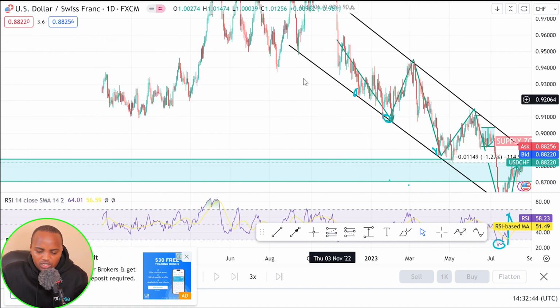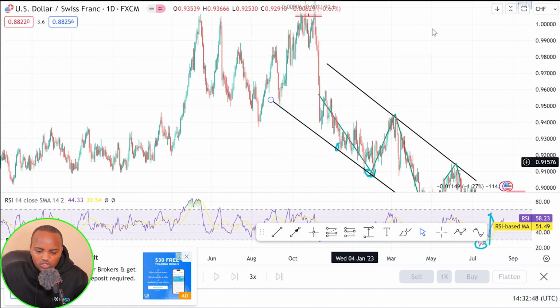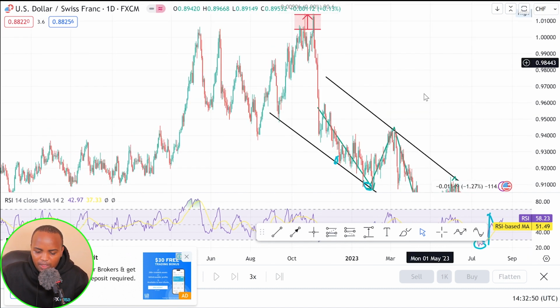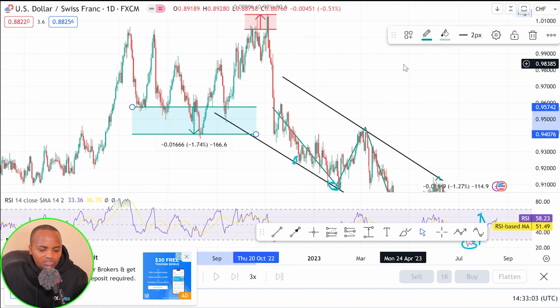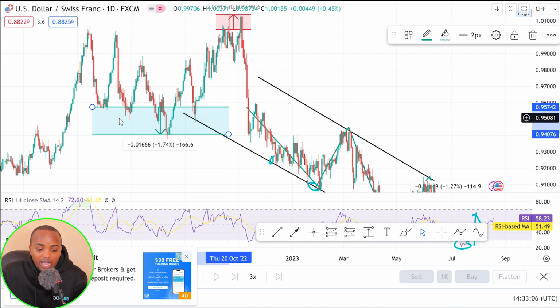So the other zones that you can see, there are those small zones over here that can be created like the ones I've just shown you, and there's something else like this. So you can see this is a very good demand zone that was created over here. Any time the market was touching around this area, the market was just going up over here.